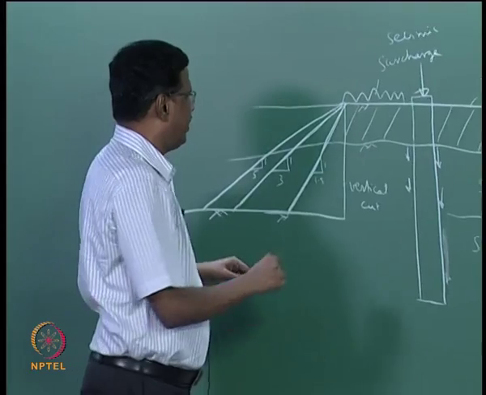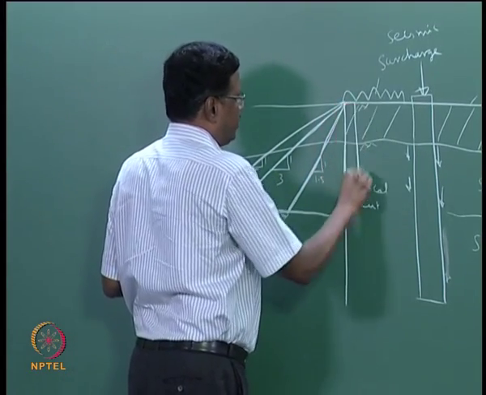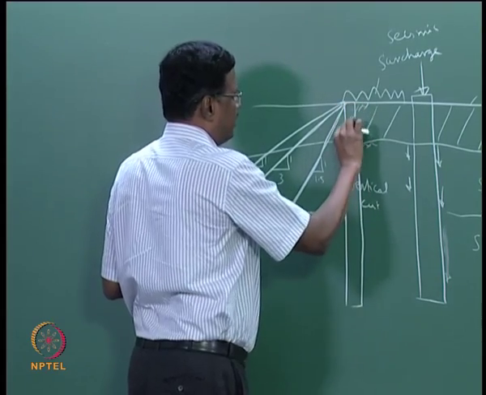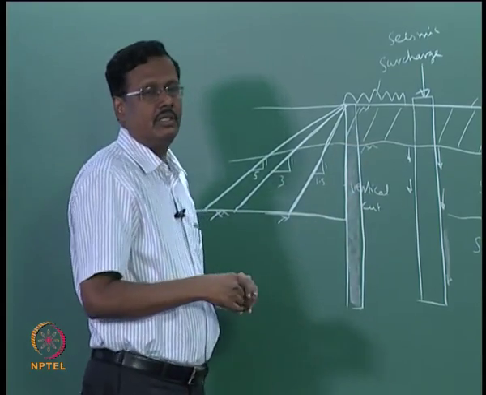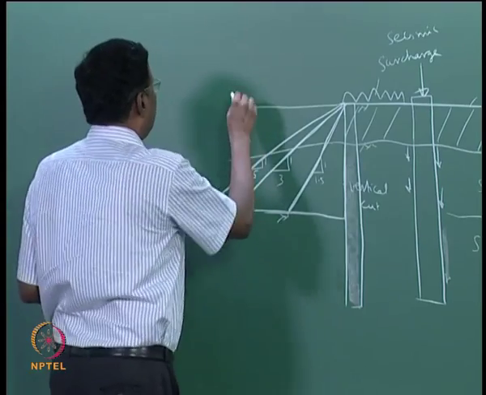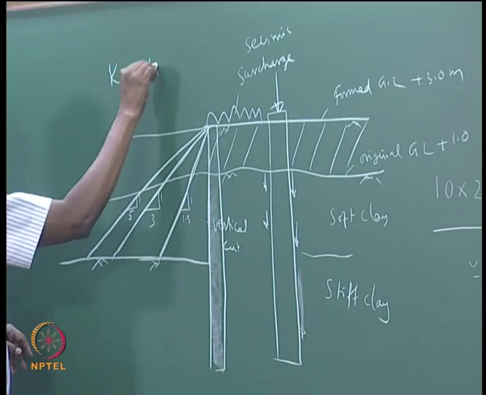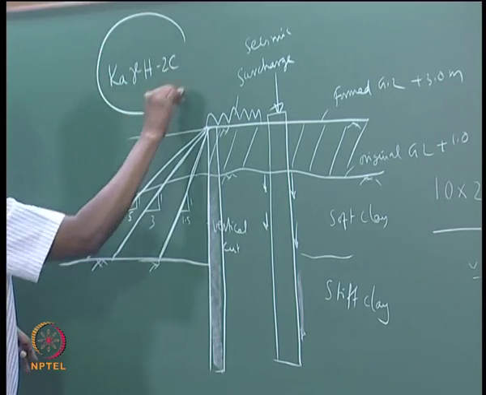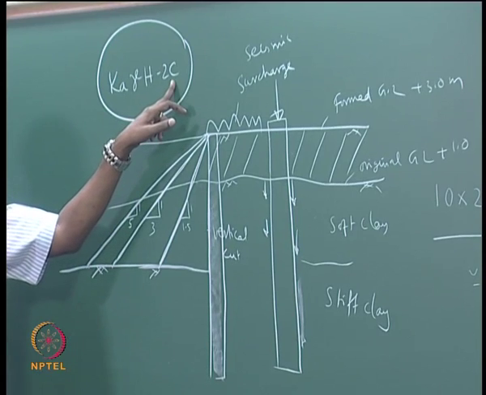And suppose you put a retaining structure here, you want to have a vertical face and put a retaining structure here, this retaining structure also will be subjected to heavy horizontal forces. For a soft clay, the value is Ka gamma h minus 2c. The c value can be very close to 0.